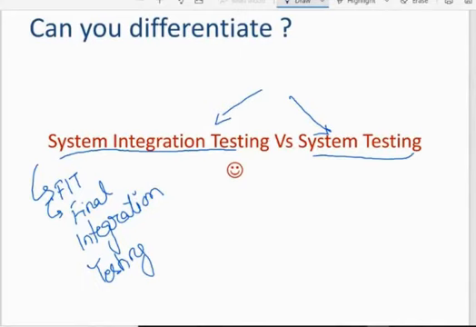What's the major difference between these two things? Or they both are same? Whether both the things are same or different?